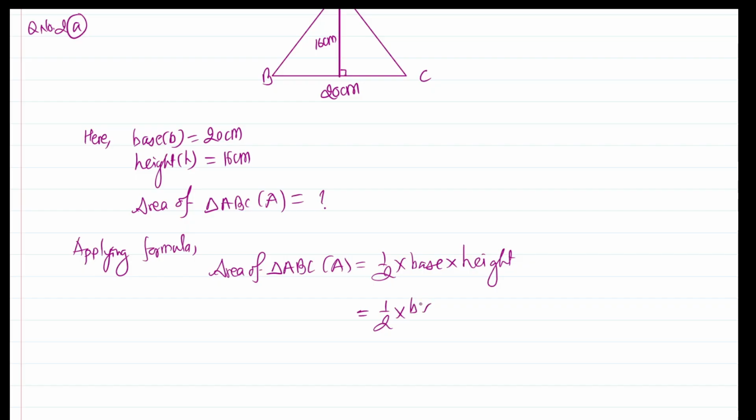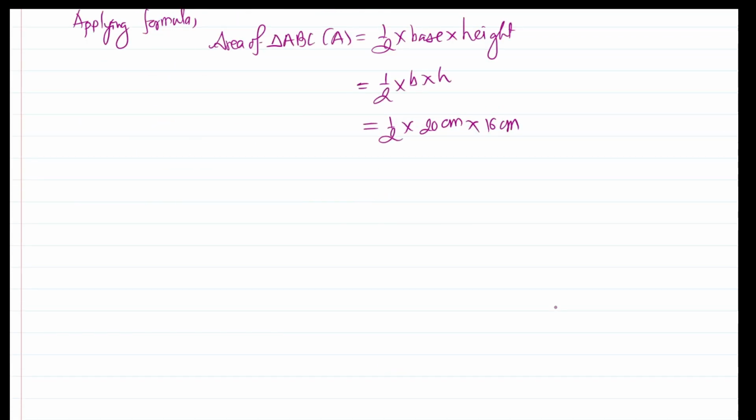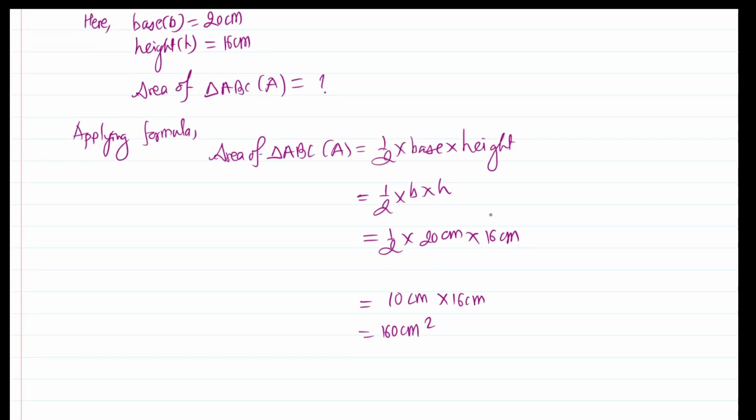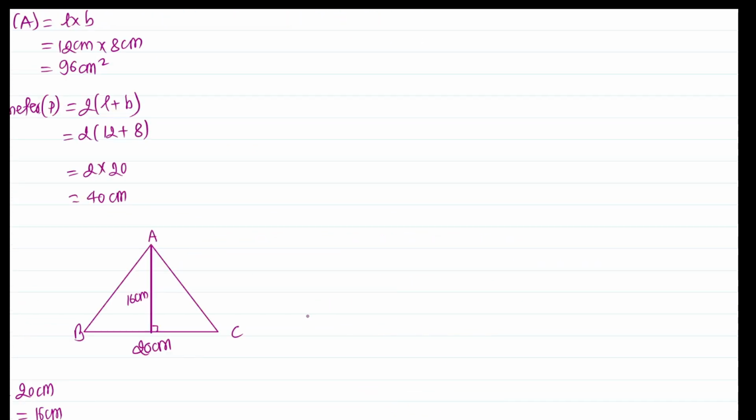Base is 20 centimeter and height is 16 centimeter. This will be 20 divided by 2, that is 10 centimeter, times 16 centimeter, that will be 160 centimeter square. So area will be 160 centimeter square. If you do not know the formula, then watch our first lecture.